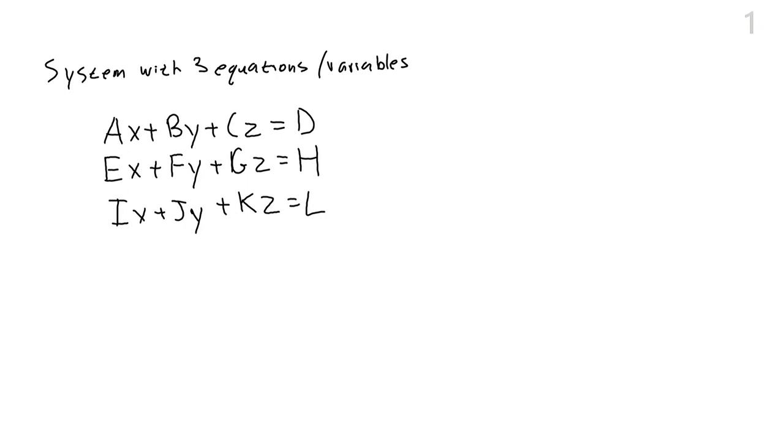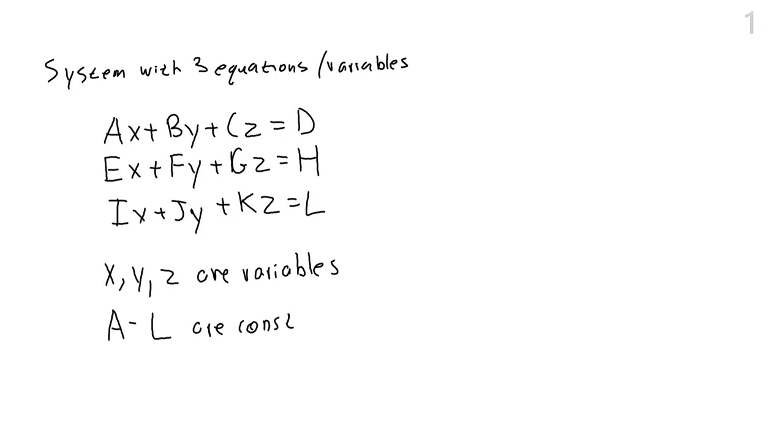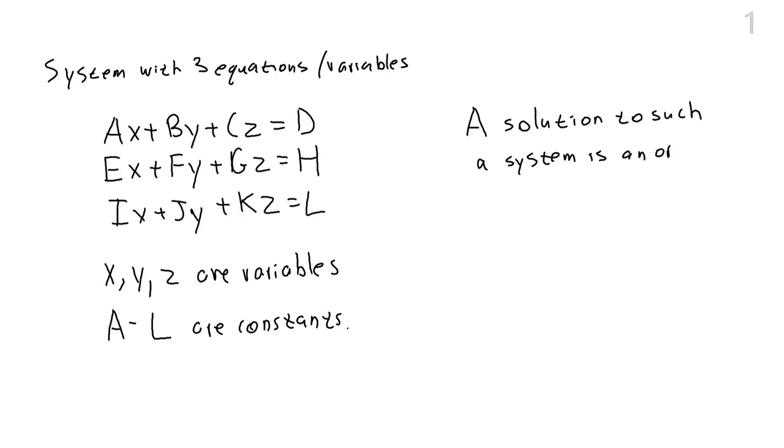Okay, and so in this system, x, y, and z are variables that we need to solve for, and a through L are just constants. So a solution to such a system is an ordered 3-tuple.